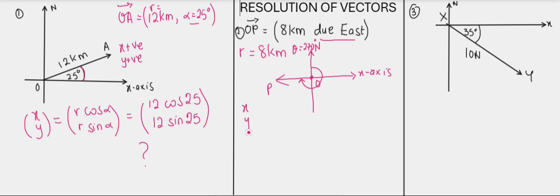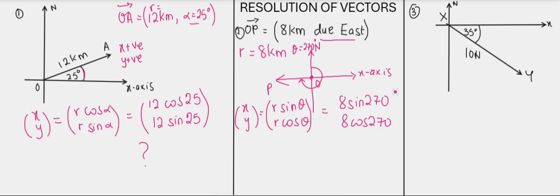So if we use our formula, r sine theta, r cos theta, we are going to have r to be 8 kilometers, 8 sine 270, 8 cos 270. Okay, punch it into your calculator. What will you get?